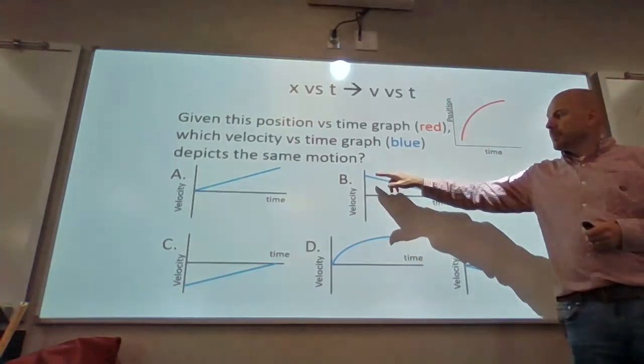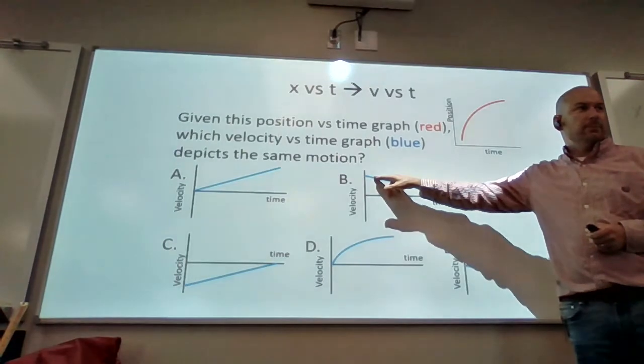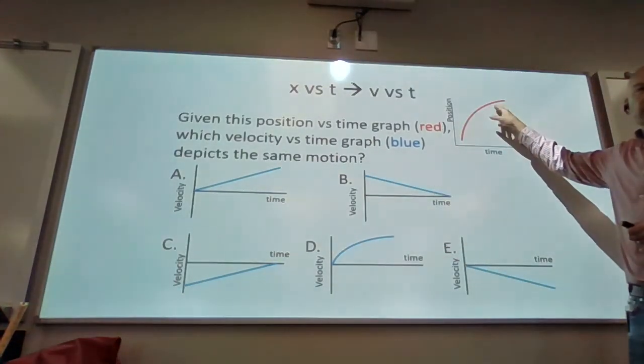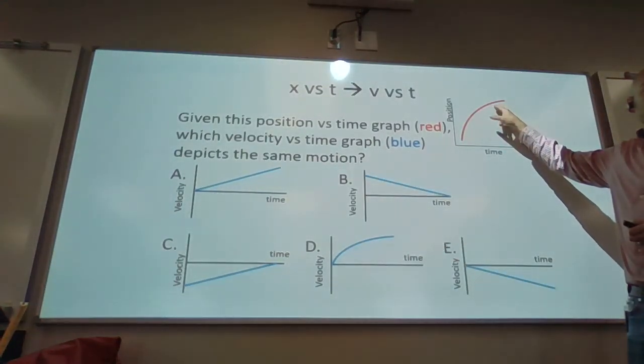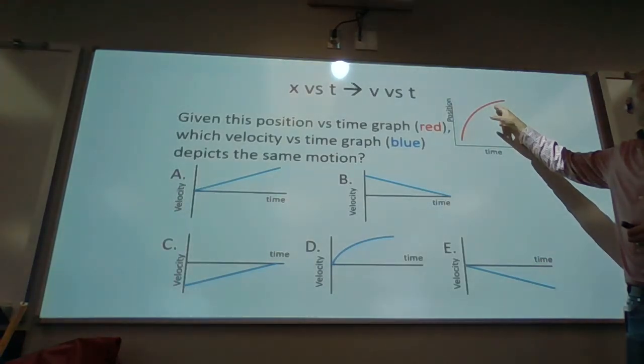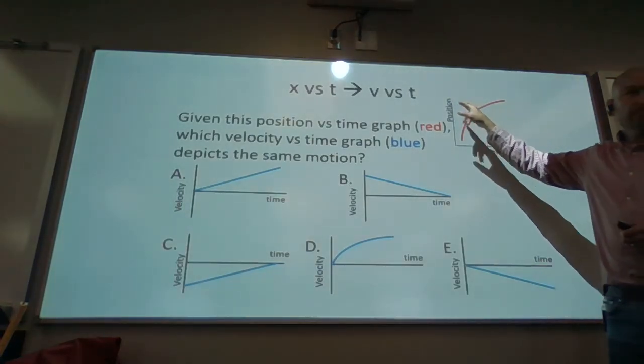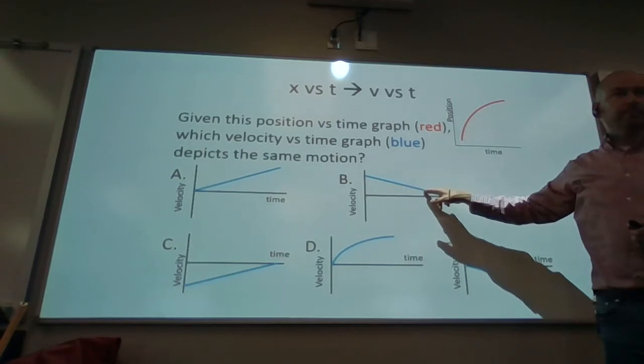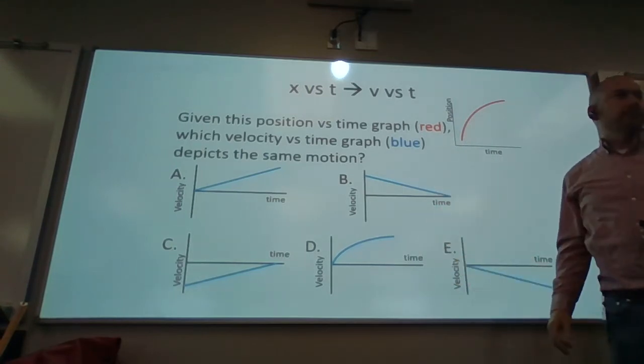Above, far away from zero. Fast, slow? Positive, negative? Where do we find slow, positive on velocity? Connect the dots. Good? Okay.